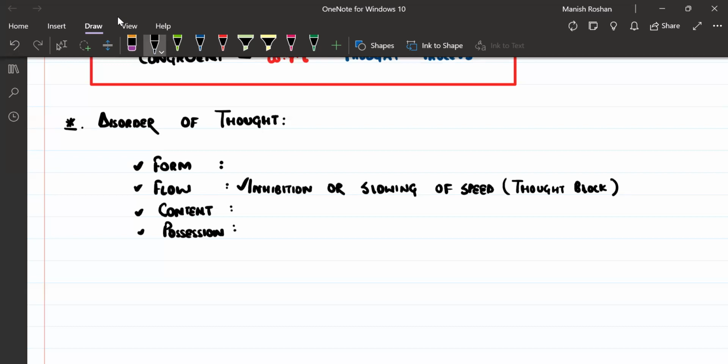One can also discuss the raised speed, flight of ideas. And disorder of thought continuity, in which thought block and perseveration are there. We can also discuss perseveration here. As has been given in Fish, we'll be labeling it accordingly.